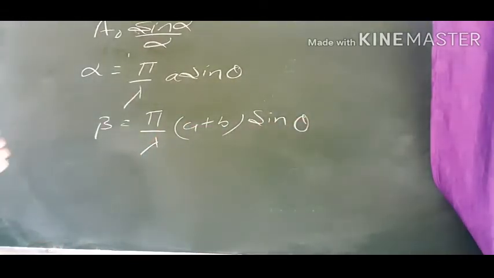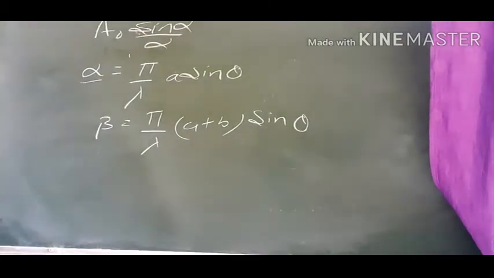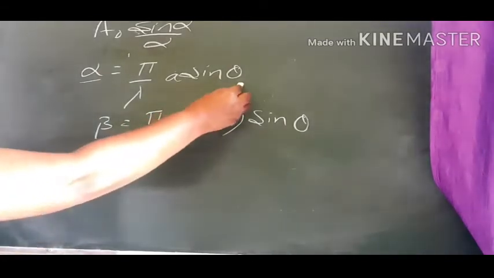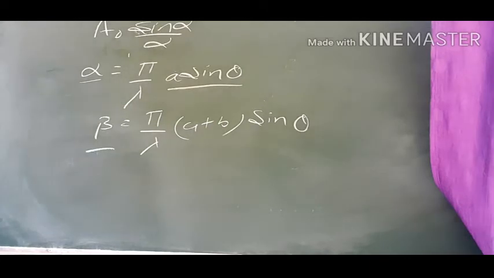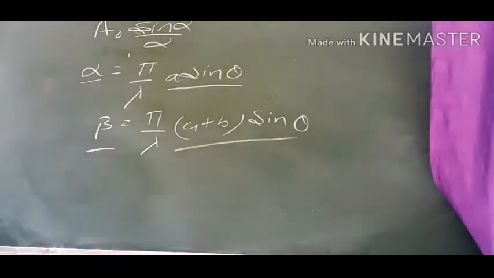This is beta. The path difference corresponding to the first phase difference was a sin theta, and corresponding to the second phase difference, the path difference was (a plus b) sin theta.